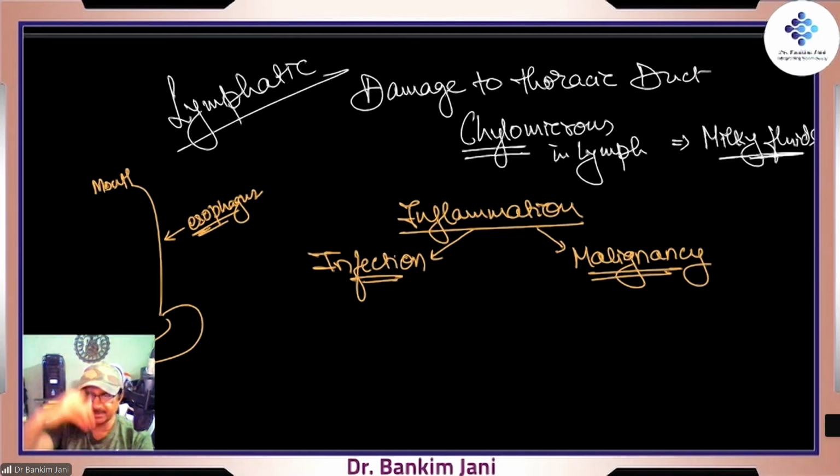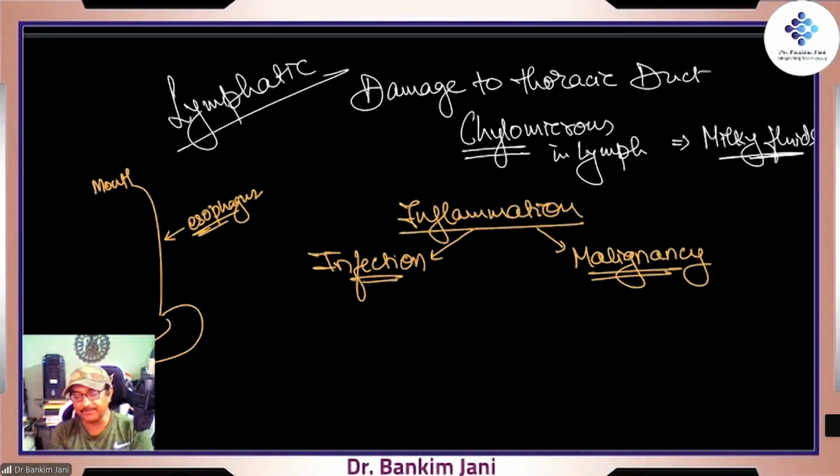It is a very thin duct, very delicate. If it breaks, because it goes just near this hilum, it dumps its content right near the hilum. From there it seeps into these spaces. So damage to the thoracic duct and damage to the esophagus are totally different. This is related to the GIT.